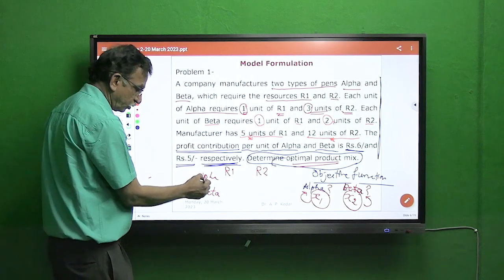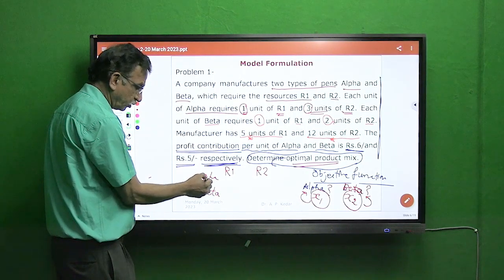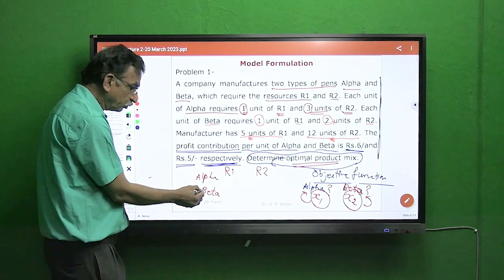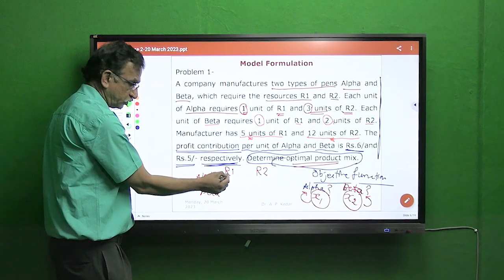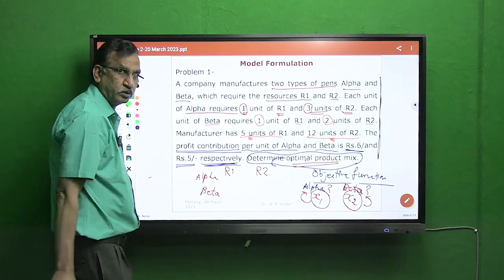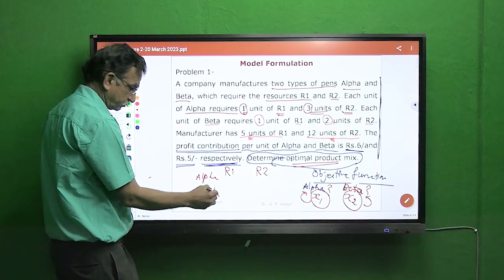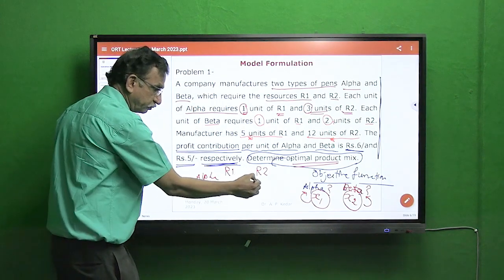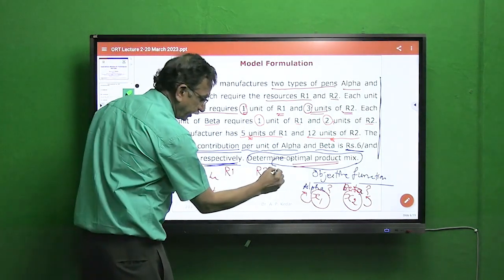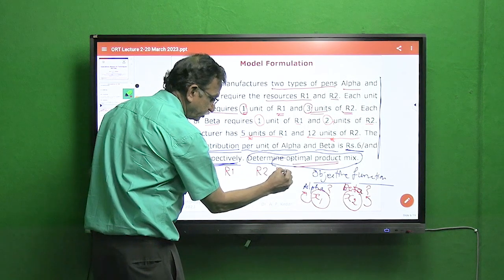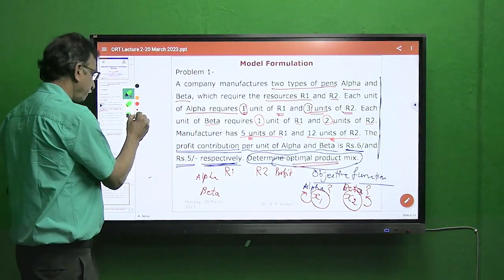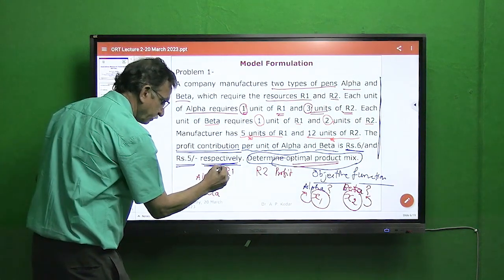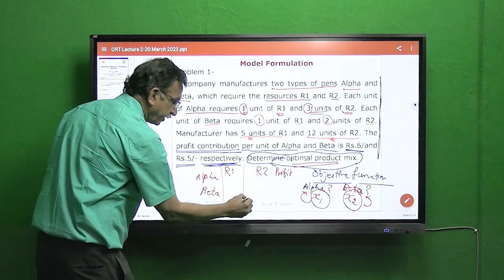I want to produce some quantity of alpha and some quantity of beta. These require resources R1 and R2 in varying proportion, and I enjoy some profit after manufacturing these pens.